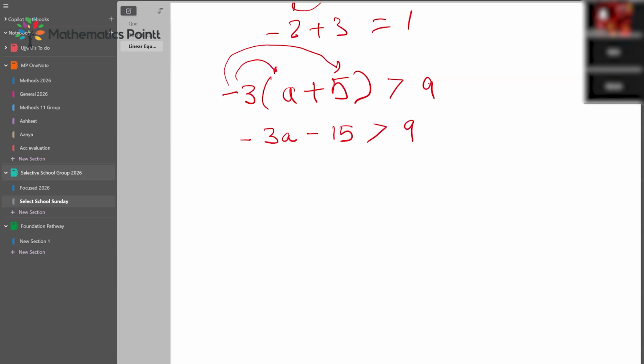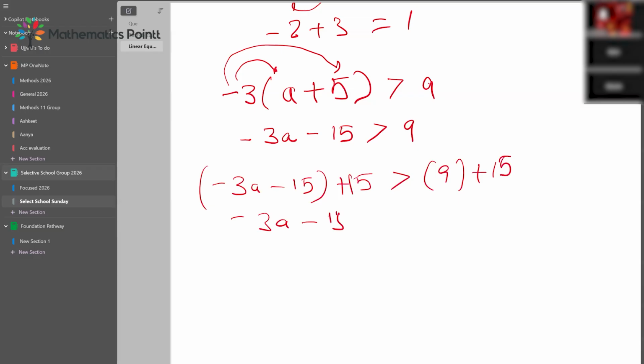Now I'm going to get rid of negative 15 first. And I will always place the brackets. I don't forget my brackets. Open the brackets up, I become 15 plus 9, or 9 plus 15. 15, 15 gone.